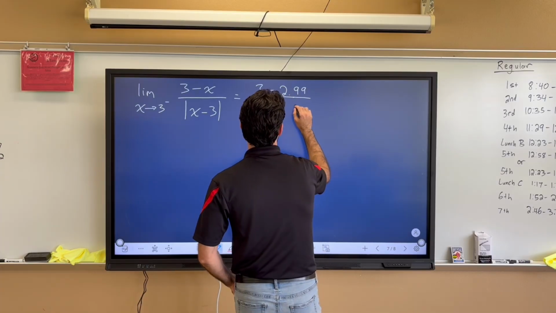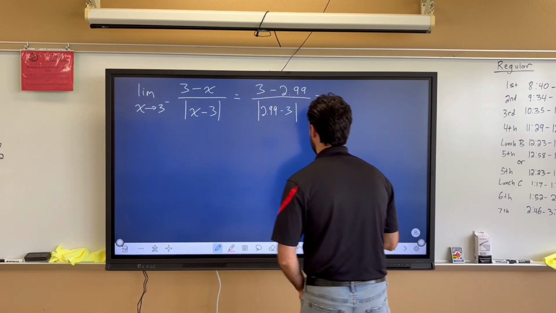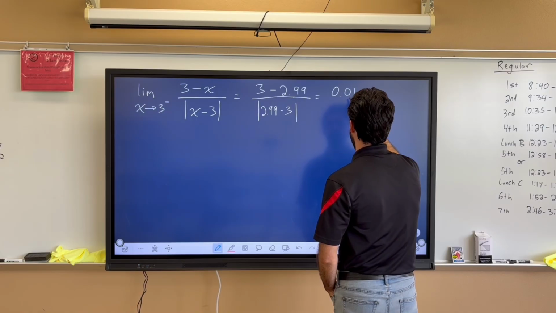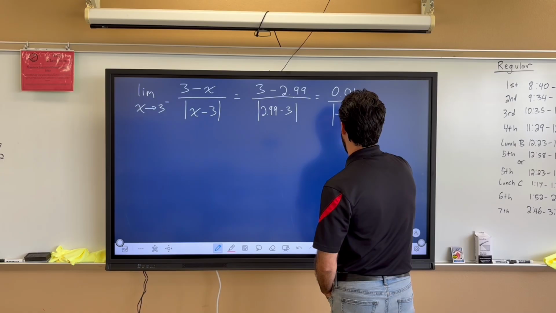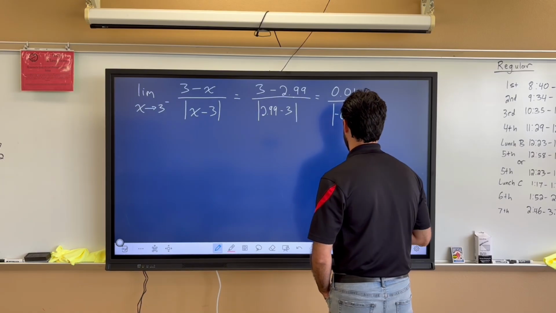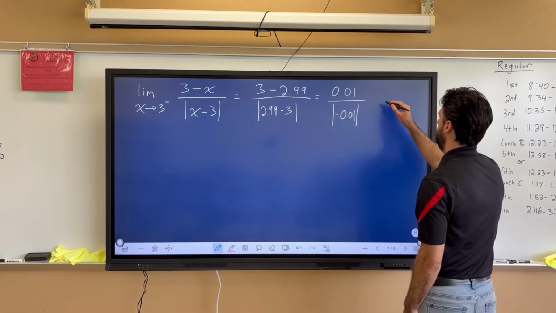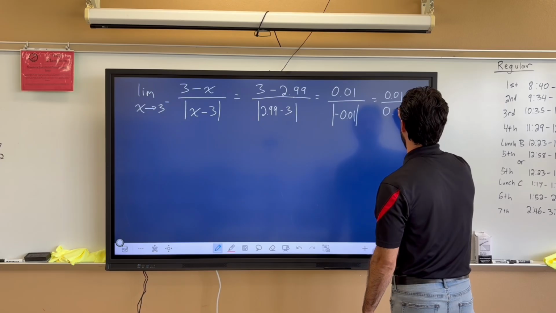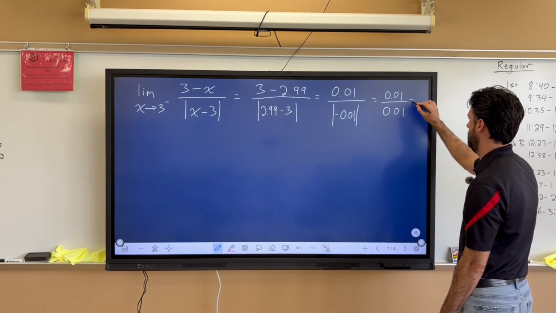So in the numerator, 2.99 minus 3, if we simplify, we get negative 0.01. And if we simplify the denominator, we get the absolute value of negative 0.01. Now, absolute value just makes something positive. So we get 0.01 divided by positive 0.01, and we know that any number divided by itself just gives us 1.